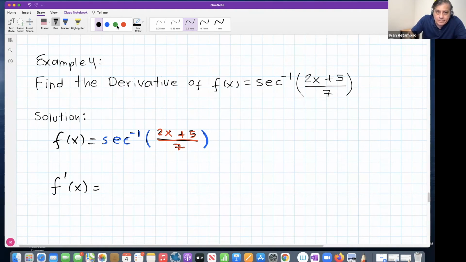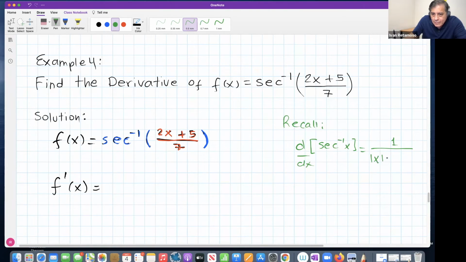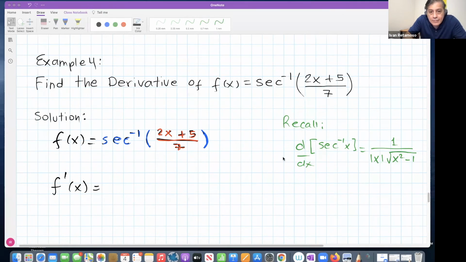Recall that the derivative of secant inverse of x with respect to x is 1 over the absolute value of x multiplying the square root of x squared minus 1. This is the derivative of secant inverse. In case you have trouble memorizing this result, look at the sheet of formulas.